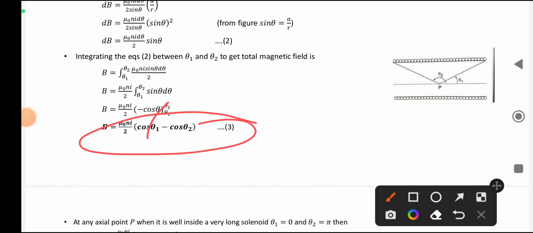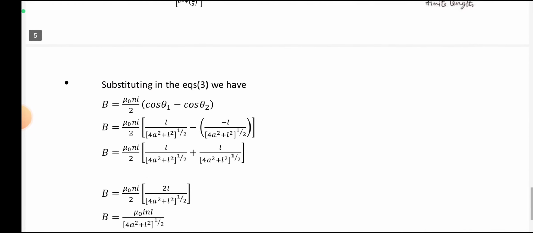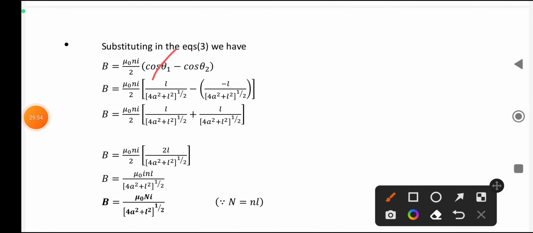So cos theta 1 we got, cos theta 2 we got, but cos theta 2 has a minus, so minus minus becomes plus. See here, this is cos theta 1, this is cos theta 2, but with minus, minus minus is plus. These two are the same, so it is 2 into, since there are 2 of them, so these two get cancelled.